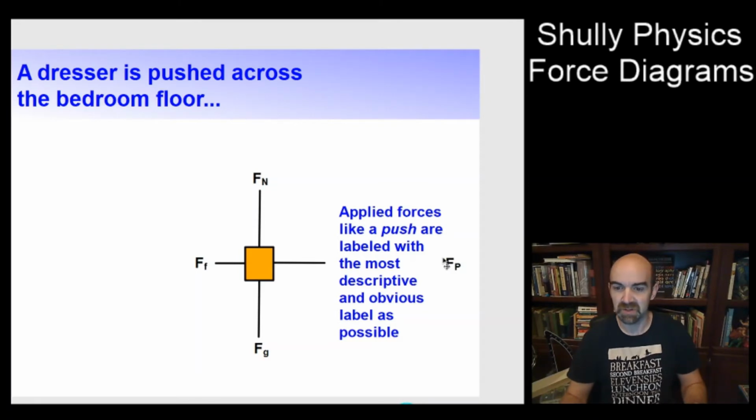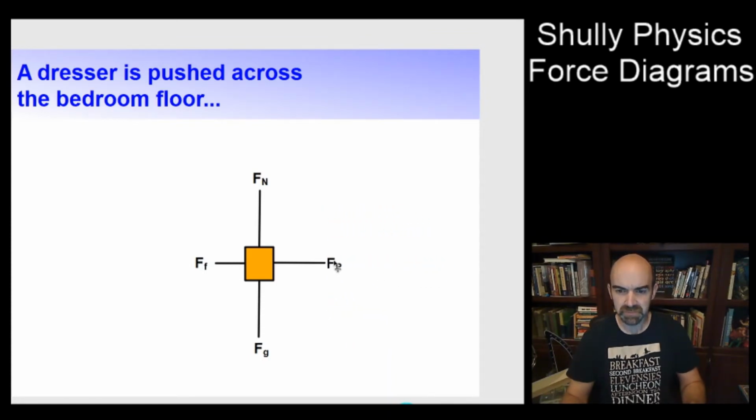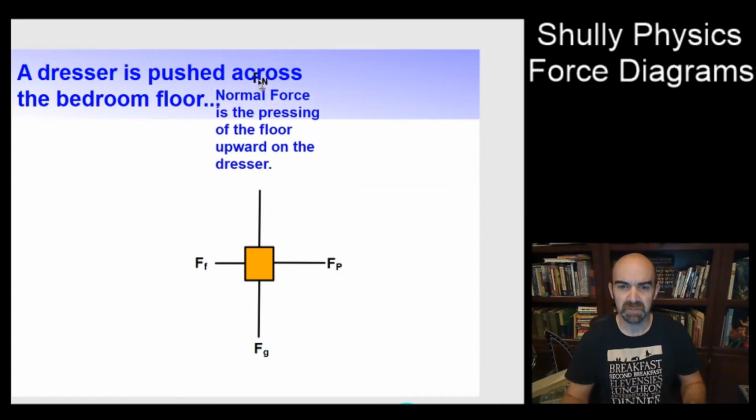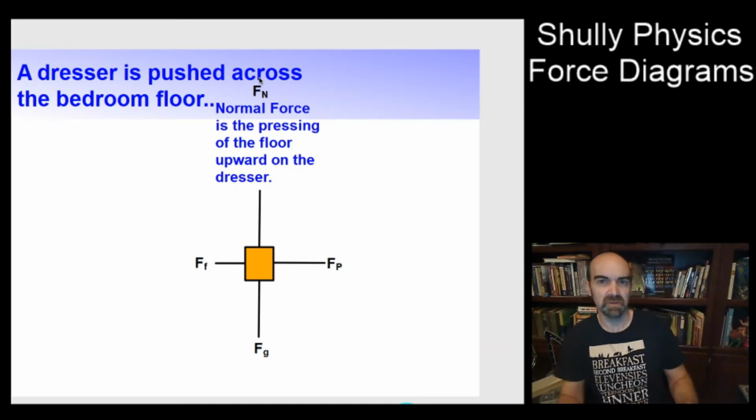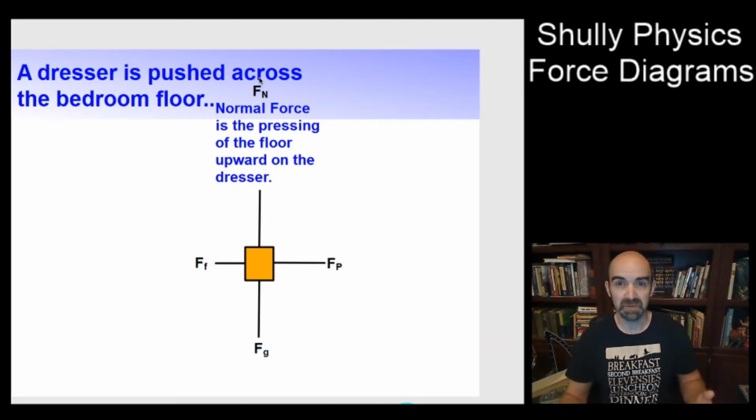The push are labeled with the most descriptive and obvious labels possible. So you might have a push, pull, thrust, throw. There's a lot of different things that could be an applied force. What about Fn? Fn is something we're going to talk about later with my course. It's a normal force. A surface, a flat surface, has a direction to it.